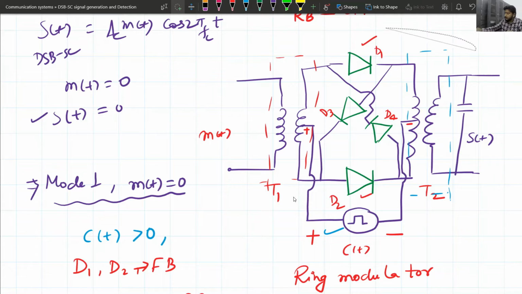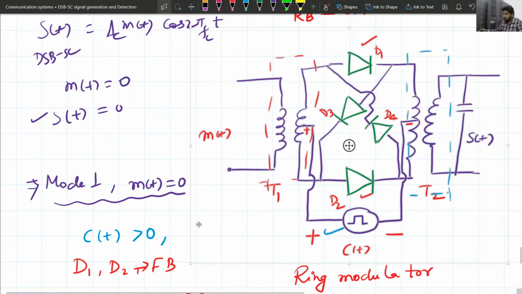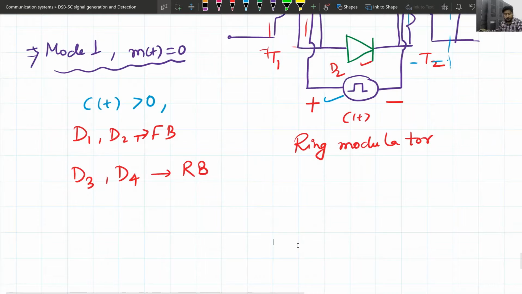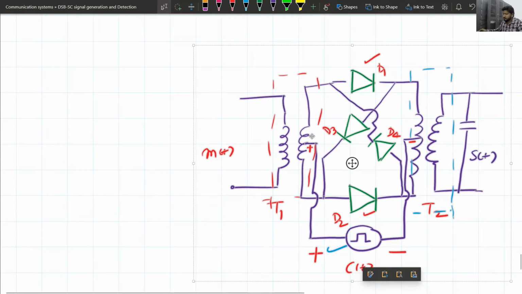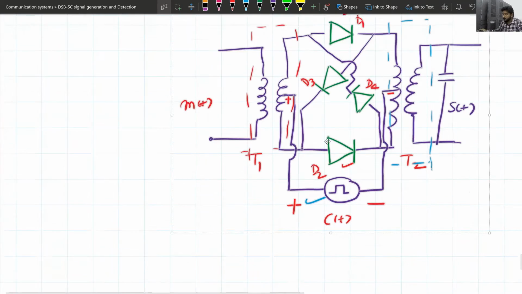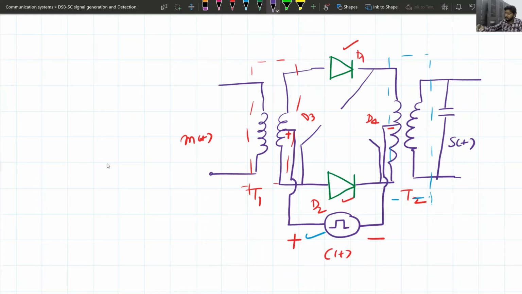Redrawing the circuit, you can represent D3 and D4 with an open circuit, and here m(t) we have taken as 0.